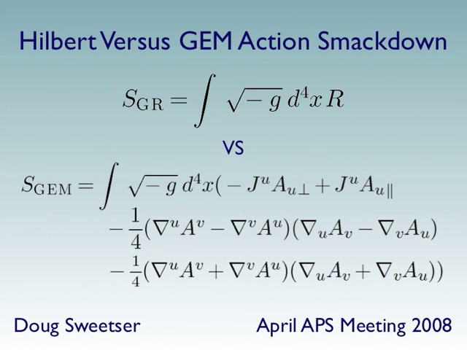Welcome to the Hilbert versus Gem action Smackdown. In one corner we have the Hilbert action of general relativity, a very venerable opponent. And against it we have the newcomer, the Gem action unified field theory.